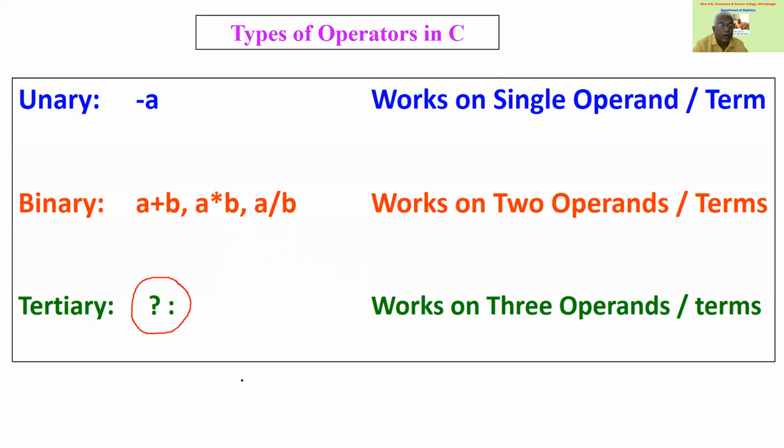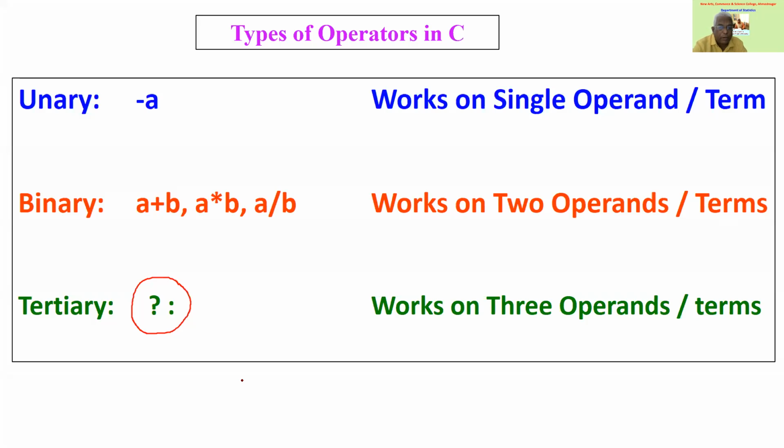Question mark and colon is the symbol for tertiary operator. It is not our regular operator. It is a totally different kind of operator. It may not be available in other languages. It's one of the good feature of C language, tertiary operator.